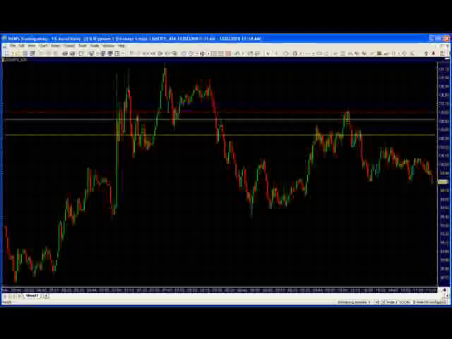The reason those are the lines we're looking at is because 50 typically becomes resistance, but a lot of times on that first pullback to 50, you go just a little bit above 50. You'll go to 52, 54, 55, but it rarely comes back up to 60 before it drops back down.